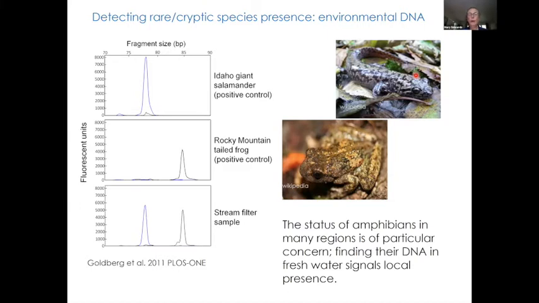And so this is one of many examples of using DNA in aquatic systems to find out whether cryptic species are actually present. And we know that, for example, amphibians are particularly in trouble at the moment all around the world for various reasons, and it is very important now to try and log their distributions, their presence, and get an idea of how common they are in particular ecosystems.